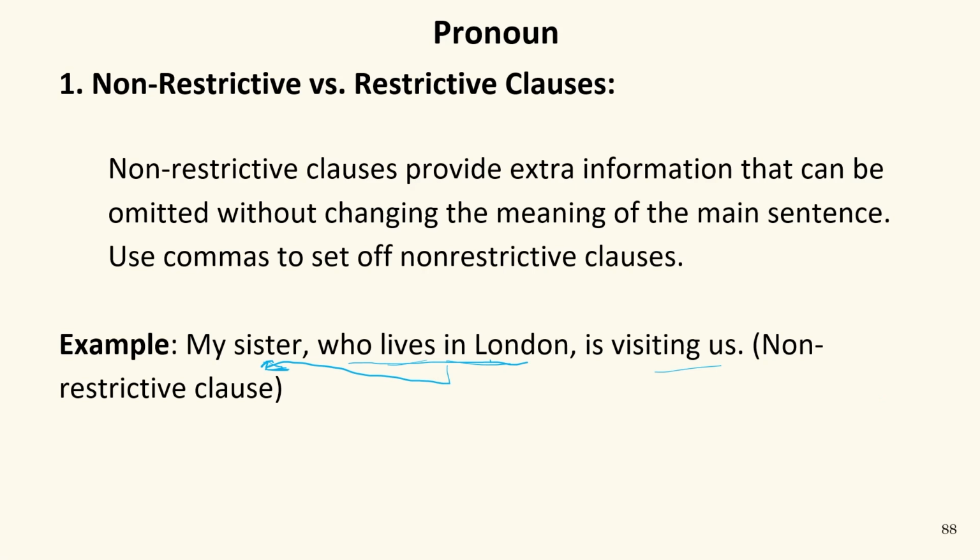We can omit this extra information. But if we don't, then also the sentence is fine. So in this case, the phrase my sister who lives in London is giving extra information about my sister. This is called non-restrictive clause.